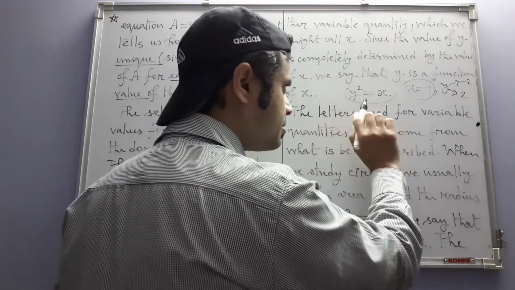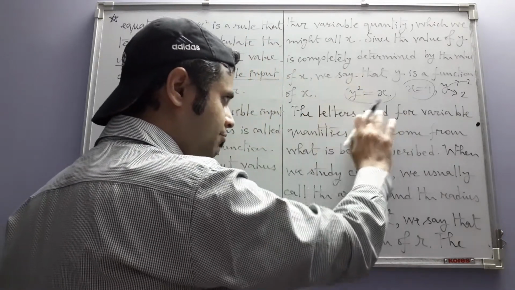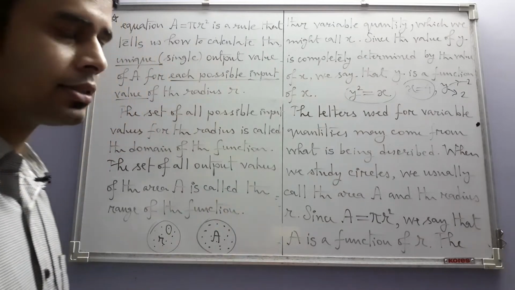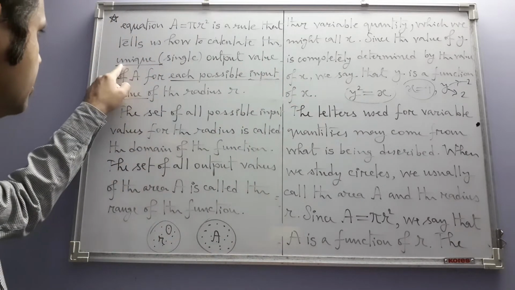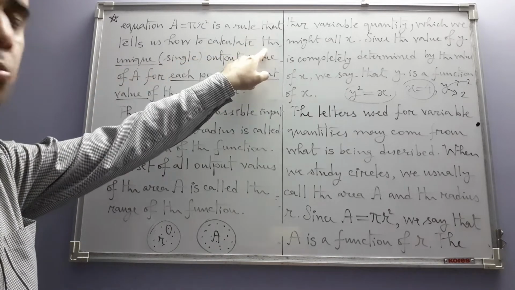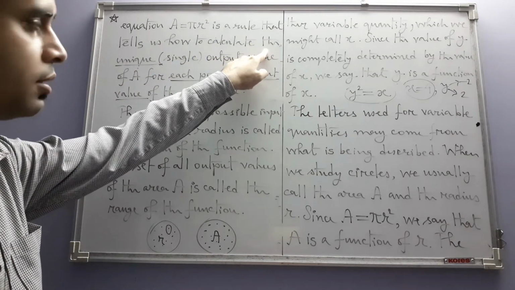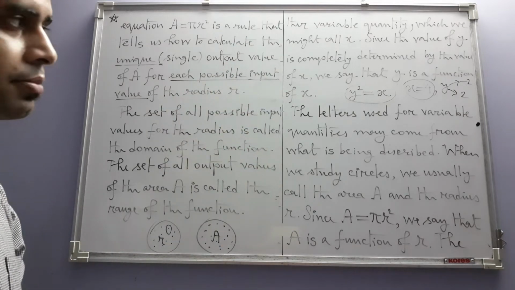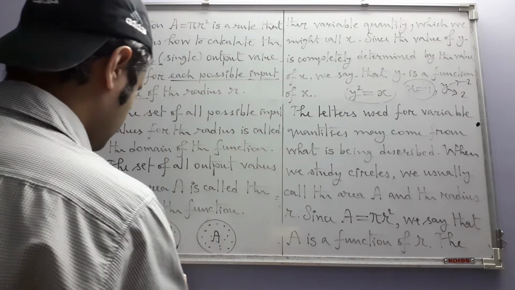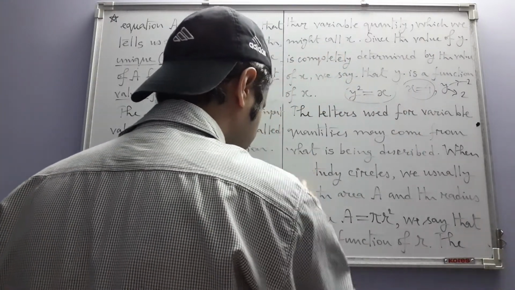So if this is the relationship between y and x, then we won't say that y is a function of x. So that's why this uniqueness of the output value is important for each possible input value. So that's what we wanted to stress here.